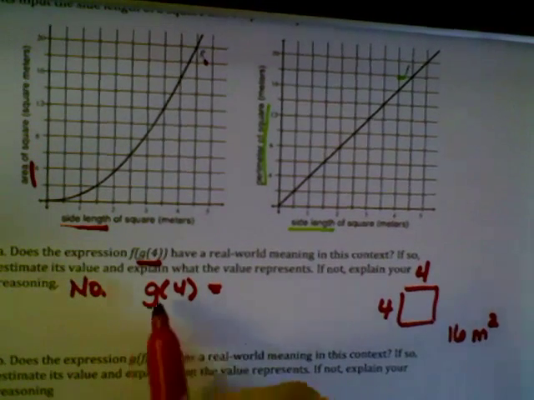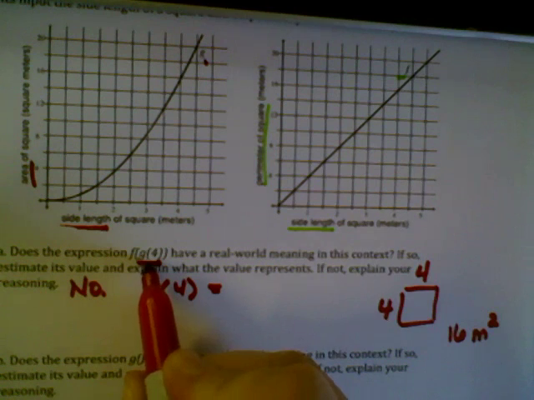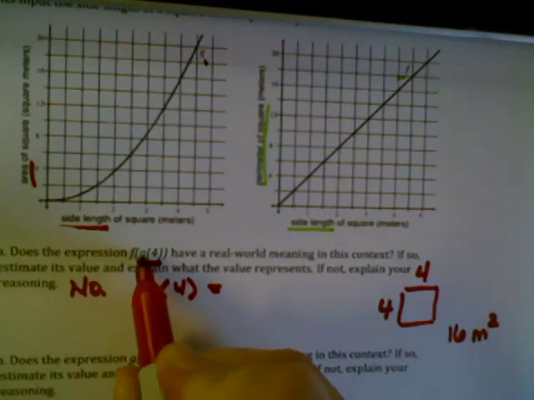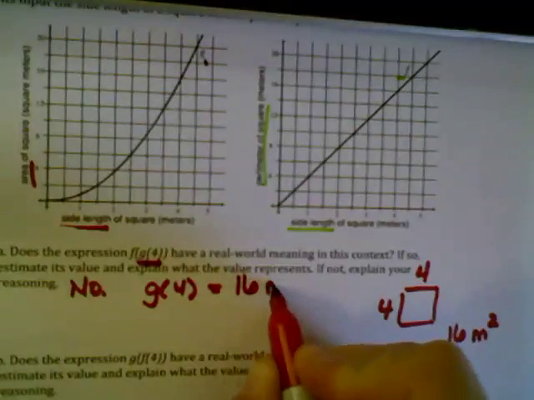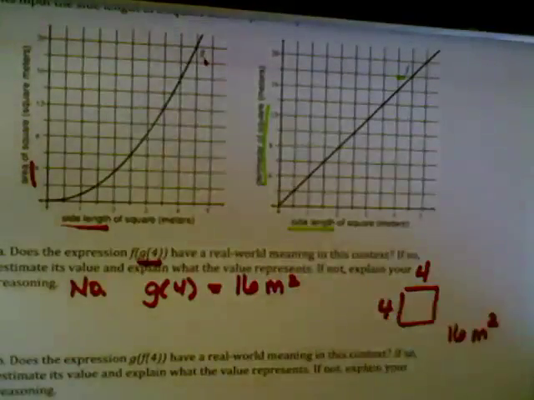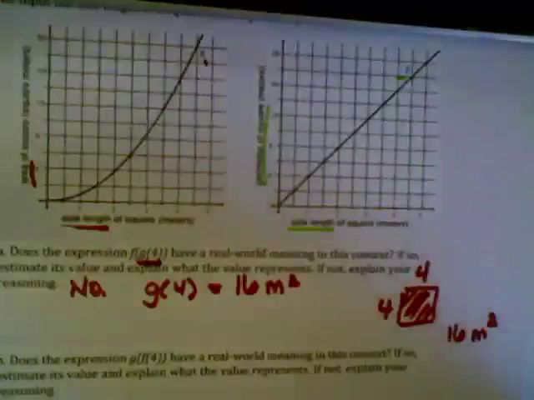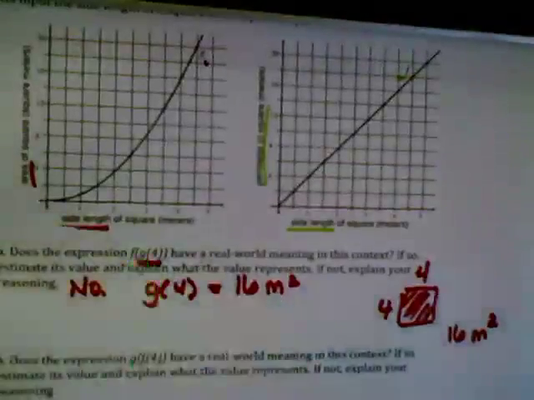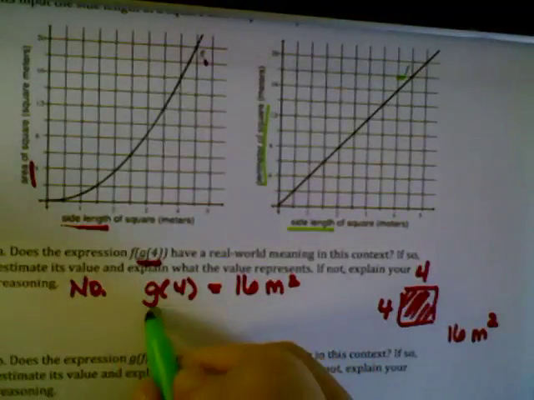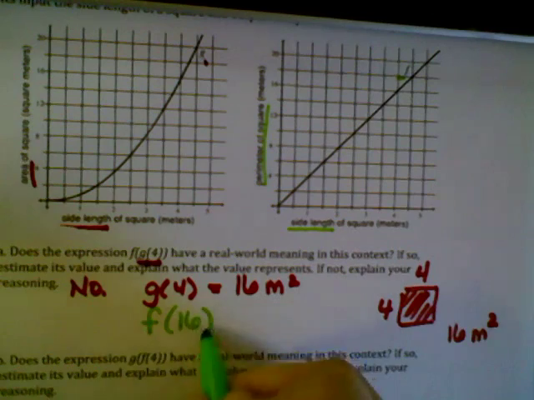Okay, so looking again, the input that we're trying to evaluate for f, g of 4, would be 16 meters squared and is an area of a 4 by 4 square. Can we apply f to g of 4? Can we apply f to 16 meters squared?